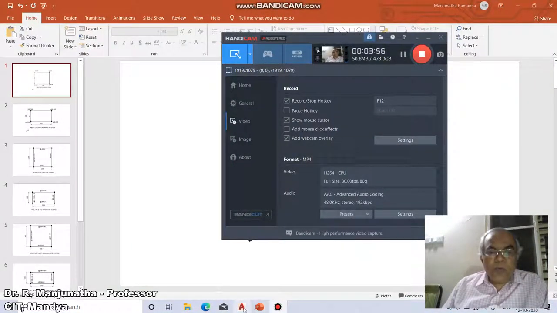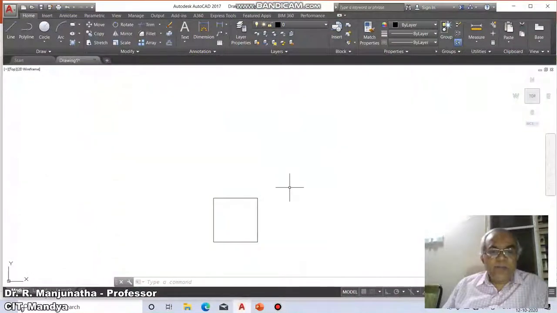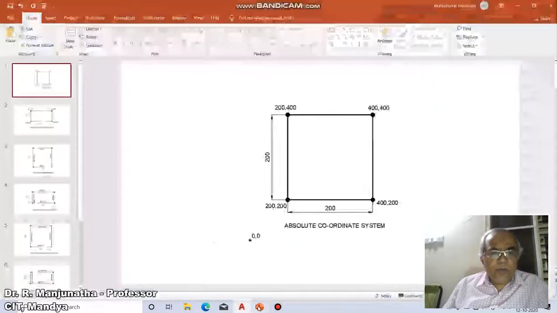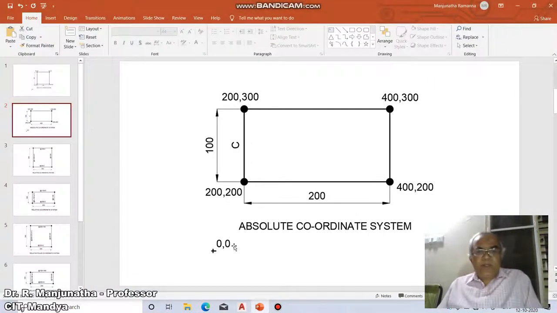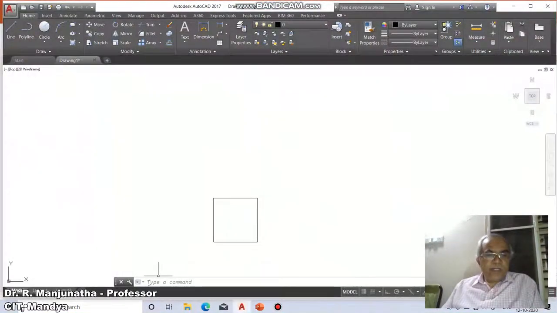Now we will take up the next example, wherein we want to create a rectangle of 200 by 100 by using the absolute coordinate system. To do that, first we are going to erase this.